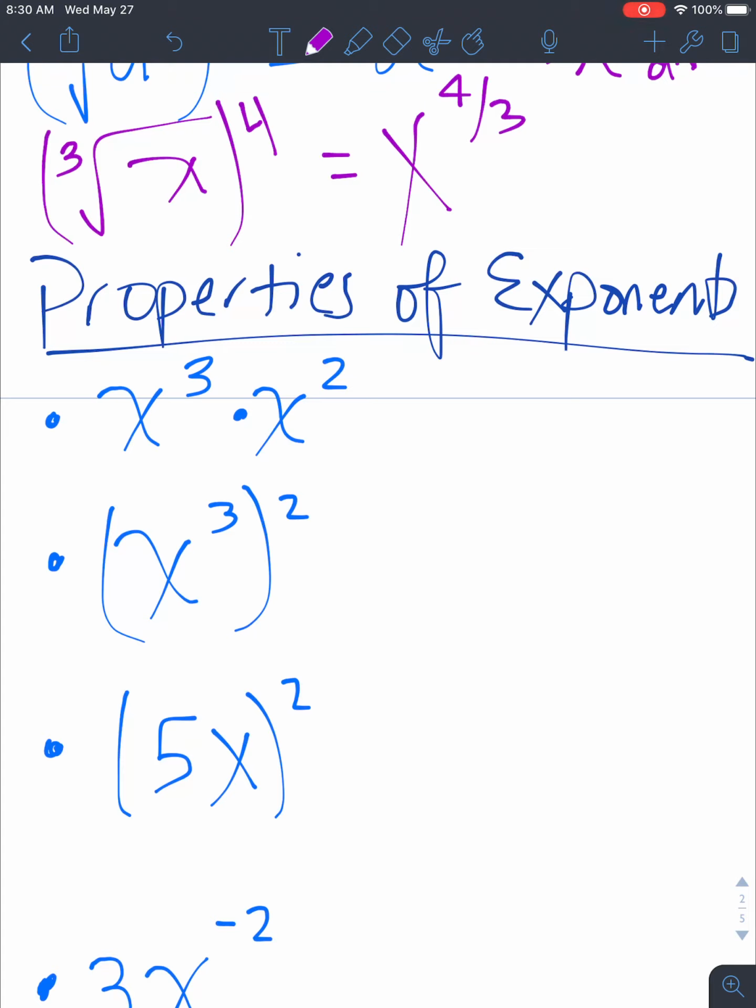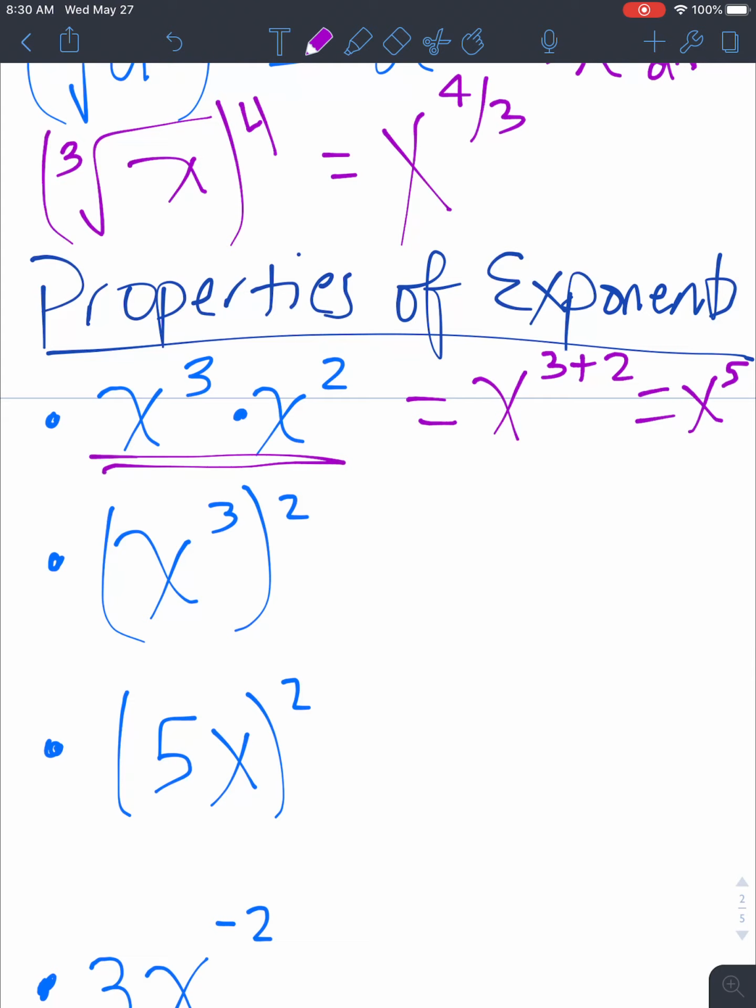So, starting out, if we have two things that are being multiplied with the same base but have different exponents, like x cubed times x squared, then you always add the exponents. So you add x to the 3 plus 2, which is x to the 5. Now, this often gets mistaken for our next rule.